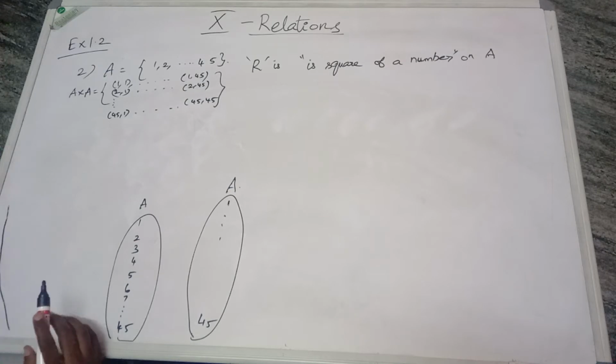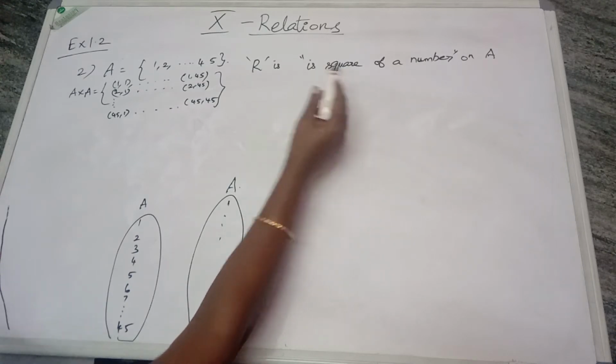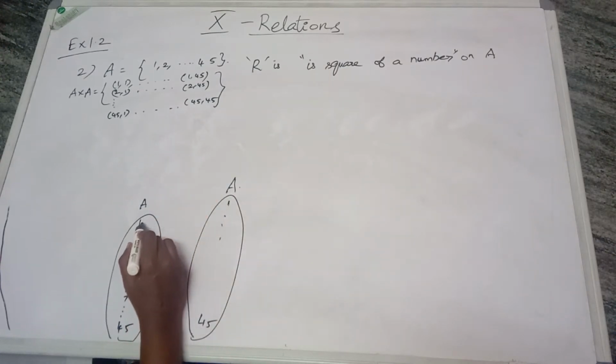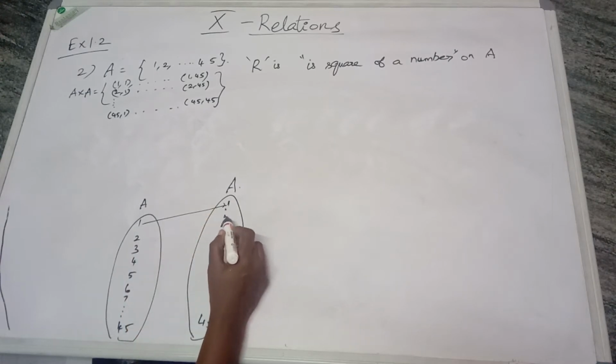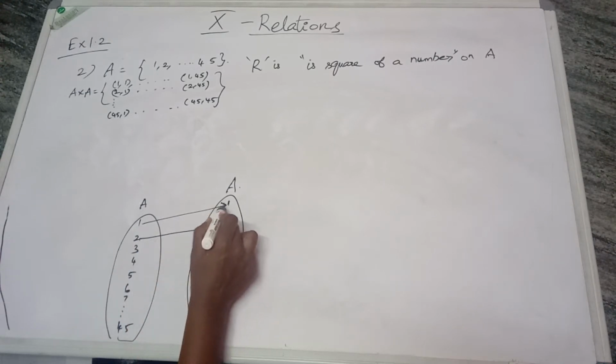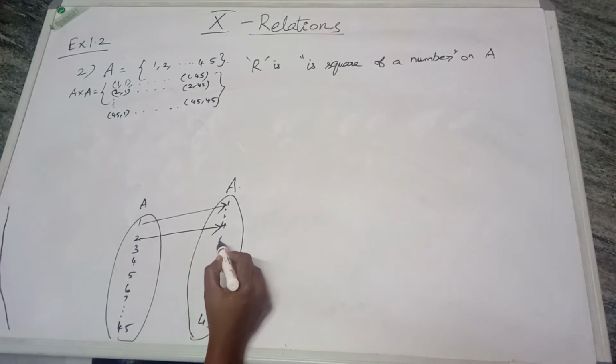Okay, so now what is the relation given in the question? The relation is square of a number. So 1 squared is 1, and 2 squared is 4. So 2 is related to 4, and 3 is related to its square, 9.